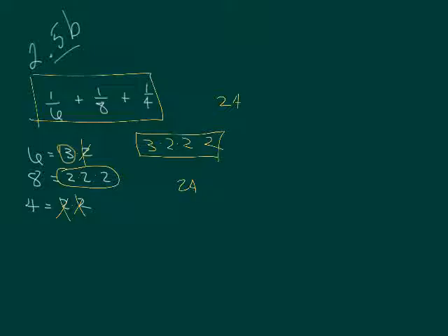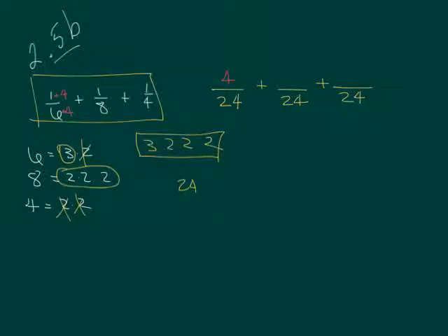So I'm going to put a 24 there, and a 24 there instead of the 8, and a 24 there instead of the 4. Now I need to go back and look and say, okay, what did I do to get from 6 to 24? I multiplied the 6 by 4. So I'm going to multiply this 1 by a 4.